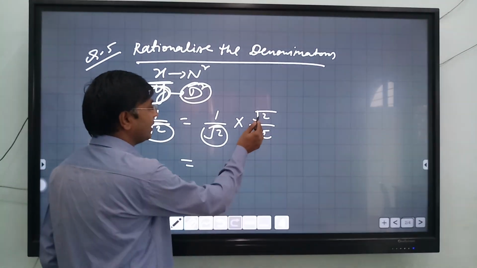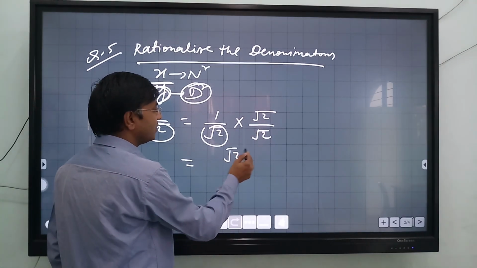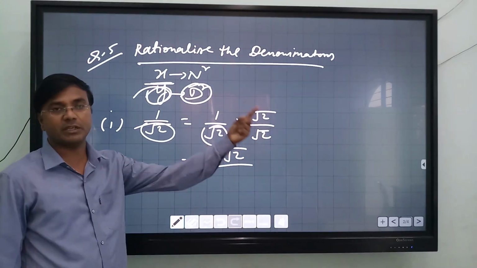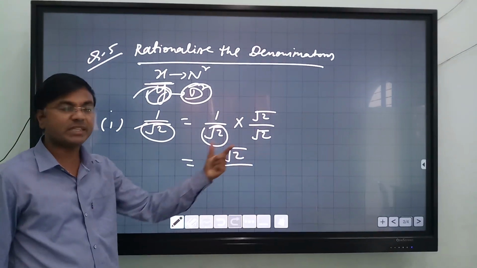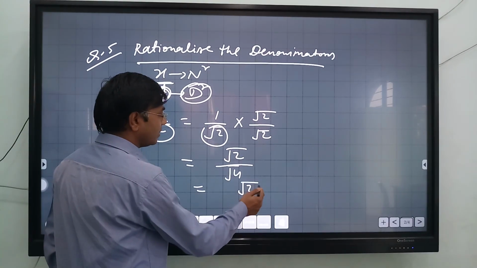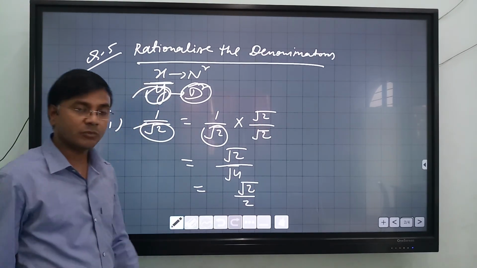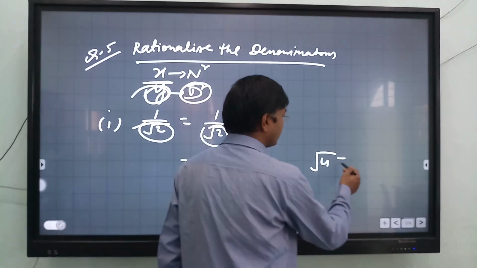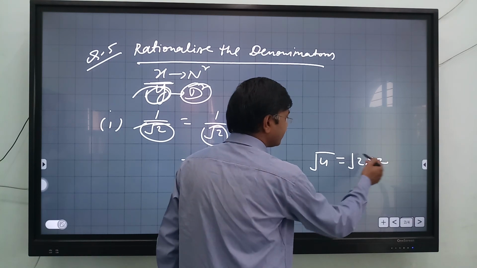Why? See, under root 2 into 1 is under root 2, and under root 2 into under root 2 becomes under root 4. Under root 4 means 2. So you have learnt under root 4. If you do not know, see, we will factorize.